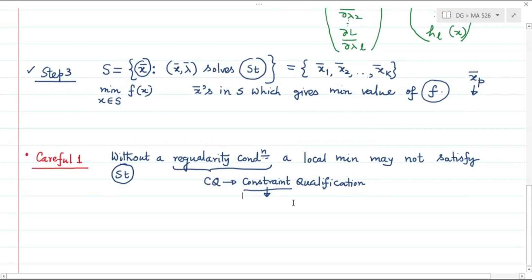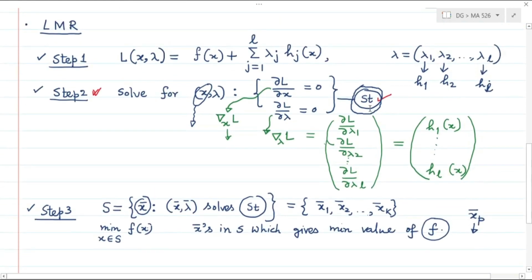However, a better term would be regularity condition. So without a regularity condition, the stationarity system may be inconsistent at a local minimum of the given problem. This we have to be careful about.